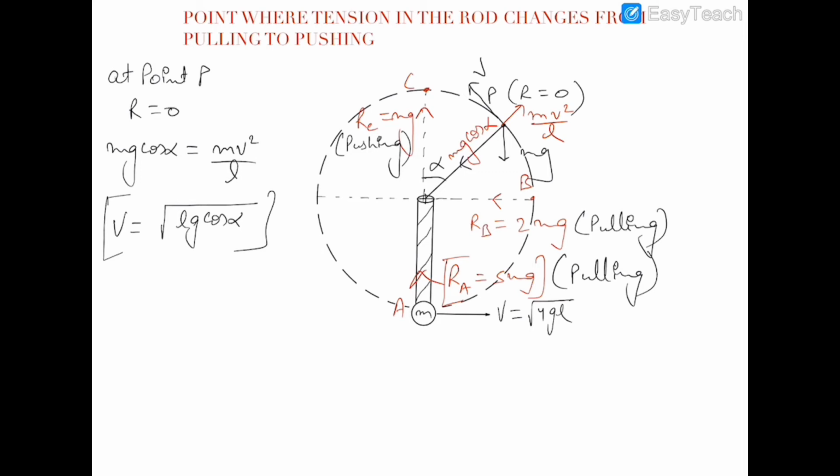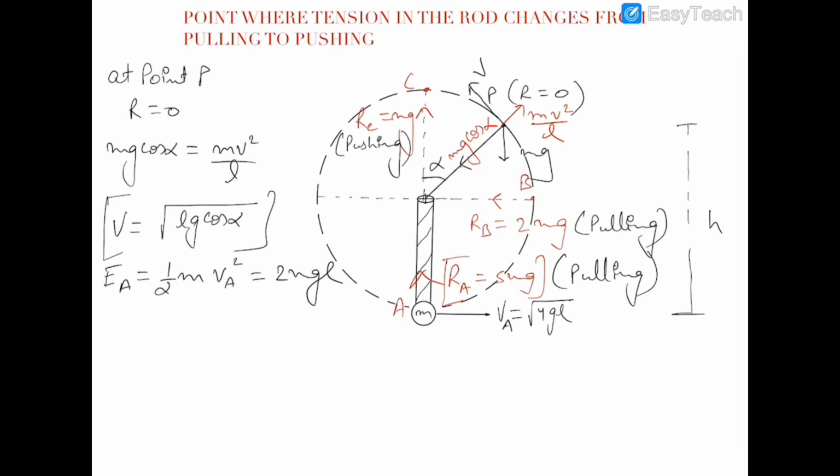Now to extract the second equation, I am applying the law of conservation of energy. The energy at A is equal to half m VA square, and VA is under root 4gL, so EA will be 2 mgL.